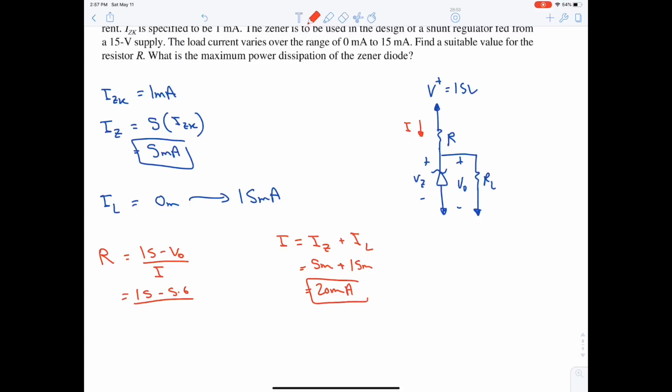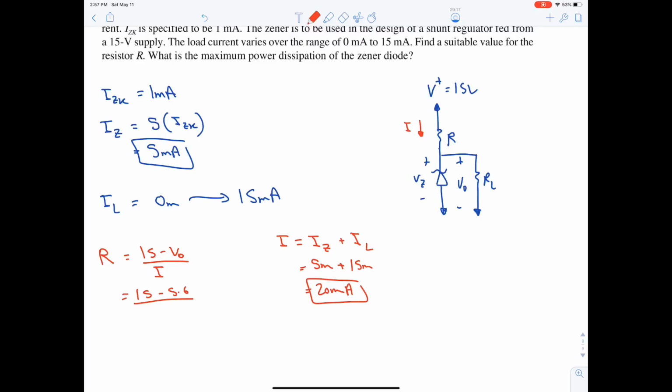Why is 15 the worst case scenario? Now when IL is 0, the total I will be only 5, because 5 plus 0 is 5 milli. So then you will compute the resistance. Now this resistance that you computed, assuming I is only 5 milli, will not tolerate the new current if IL is 15 milli.